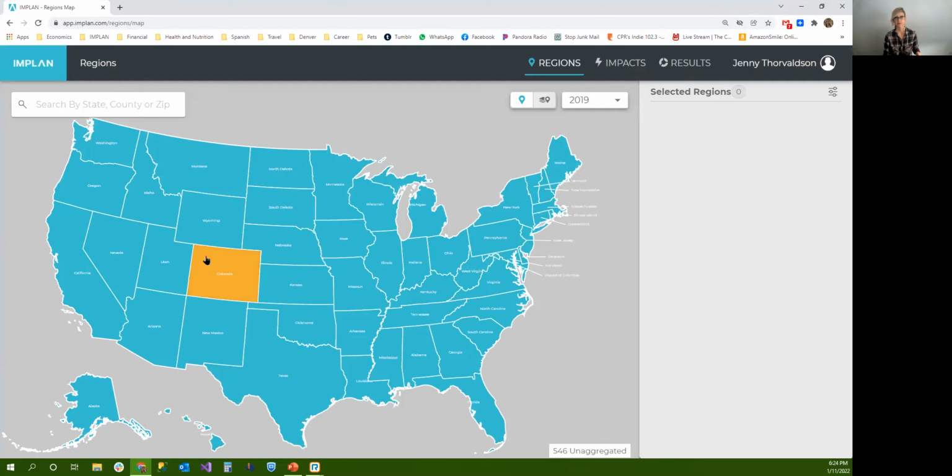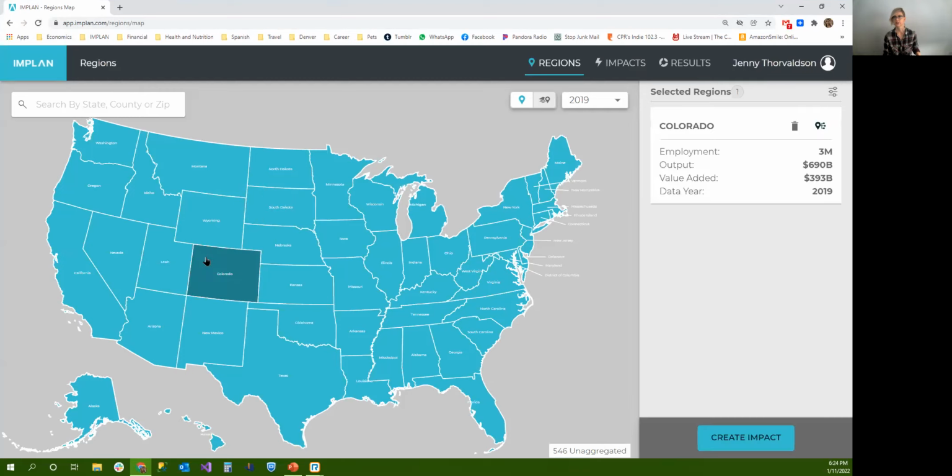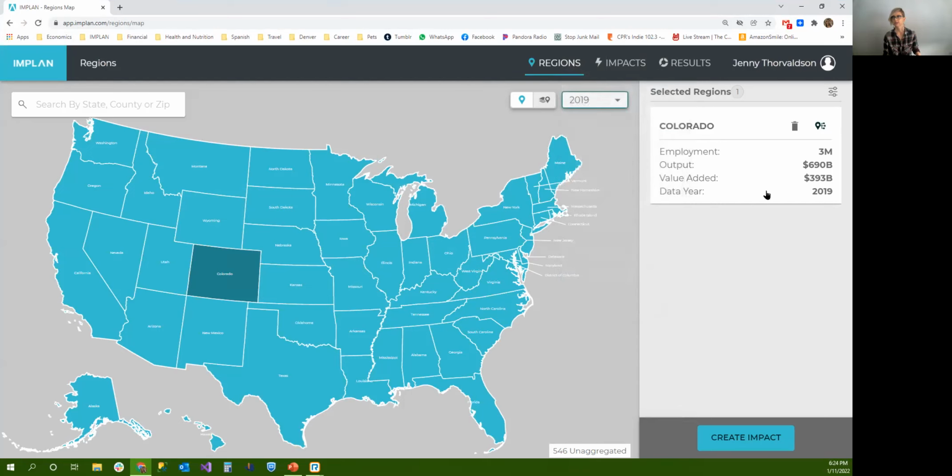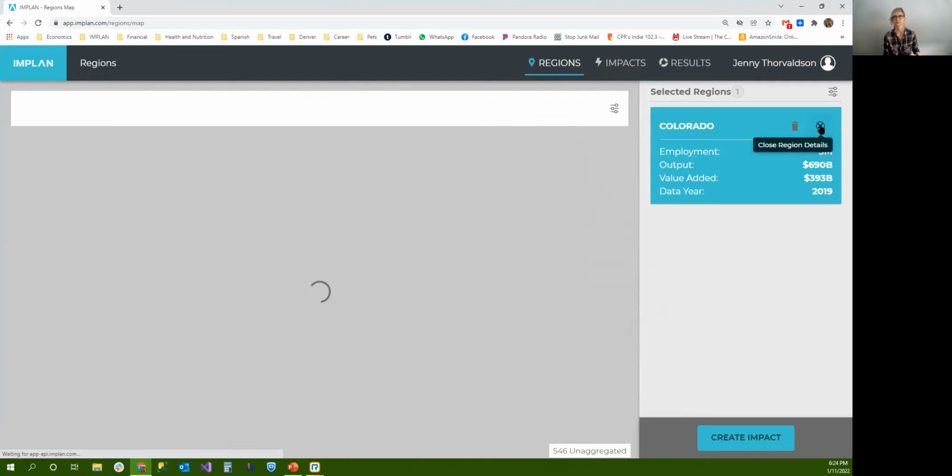Since I live in Colorado, I'm going to just pick Colorado. You can see I'm looking at 2019 data, but of course you can pick whichever data year you are interested in. I'll just stick with 2019. And I'm going to click on this button here to view region details. And there's all kinds of things we can look at, but today we are just considering multipliers.